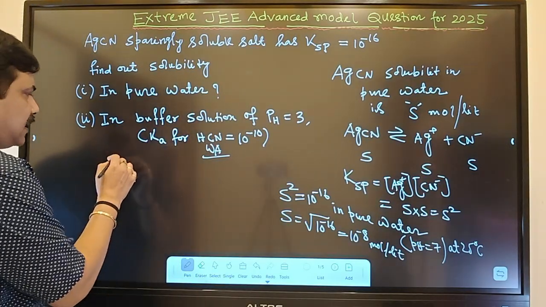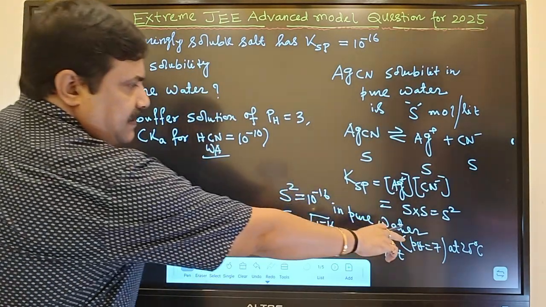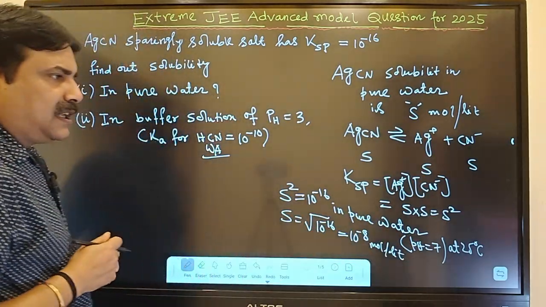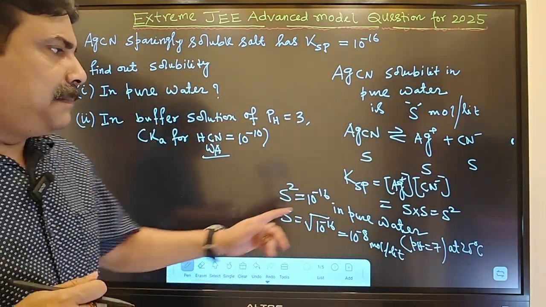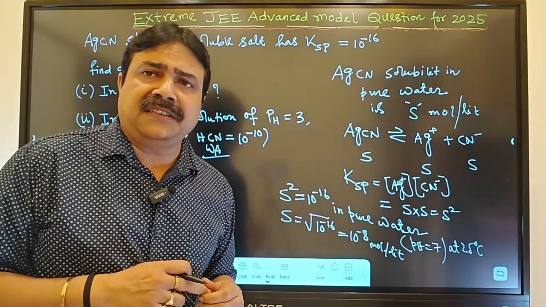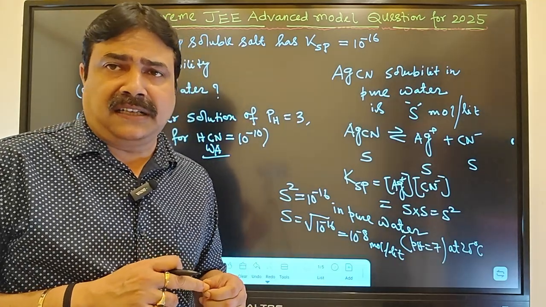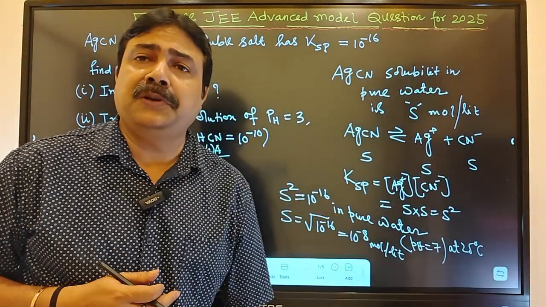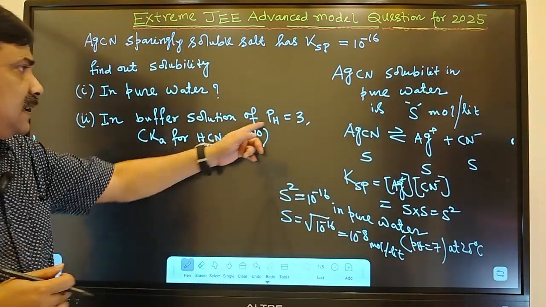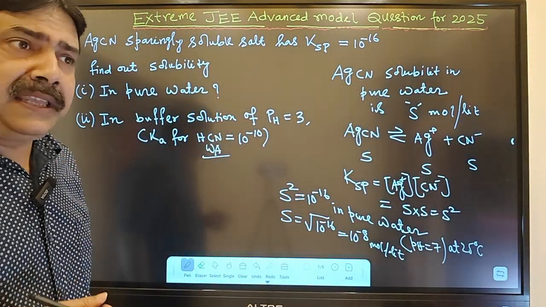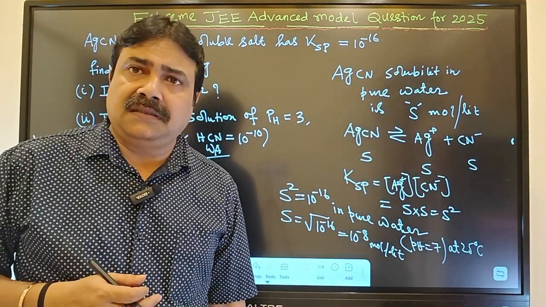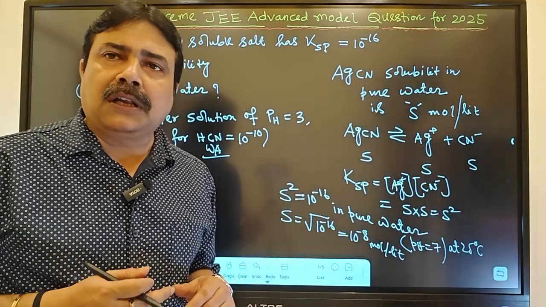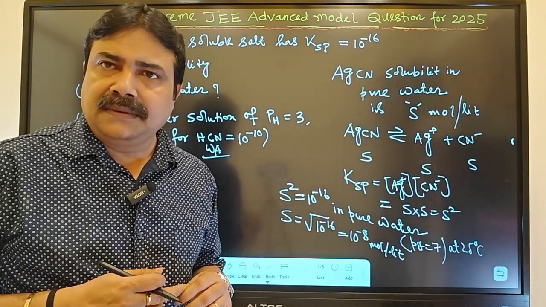The fundamental thing is this: at pH 7, that means in pure water at 25 degrees centigrade, the H plus concentration equals the OH minus concentration, which is 10 power of minus 7 moles per liter. But when the pH is 3, my H plus concentration will be equal to 10 power of minus 3 moles per liter.